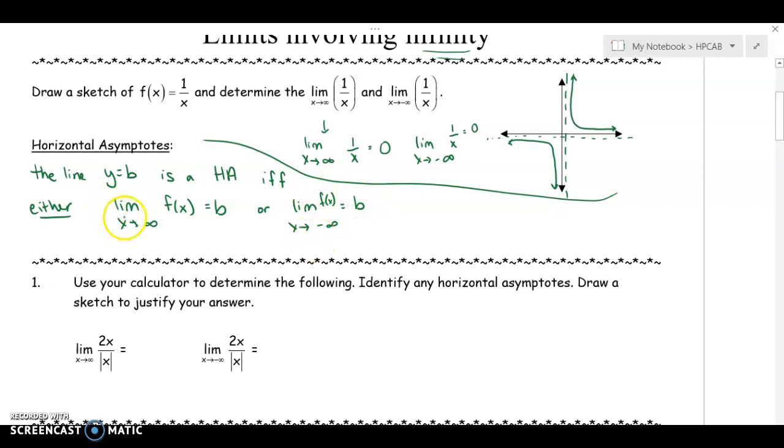So if either limit equals b, then we know that value, b, is a horizontal asymptote.